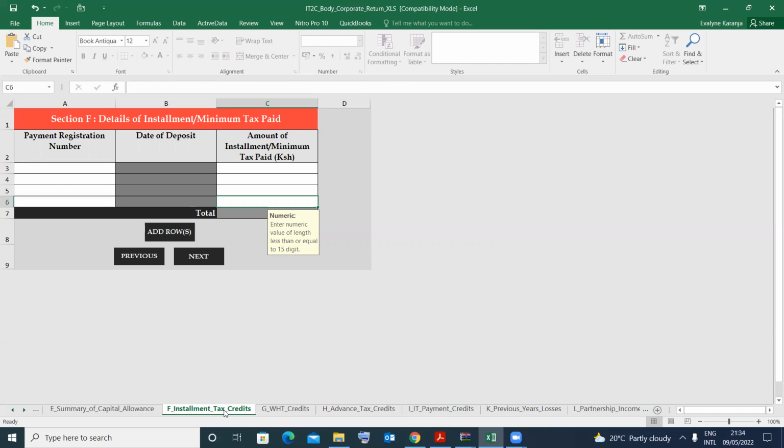Come up again. I'm saying, we said if a company is making a profit of more than 40,000, it should pay what we call installment tax, and it is normally paid in four installments. That's you pay per quarter. So the year normally has 4 quarters. So you pay after 3 months, after 3 months, after 3 months.